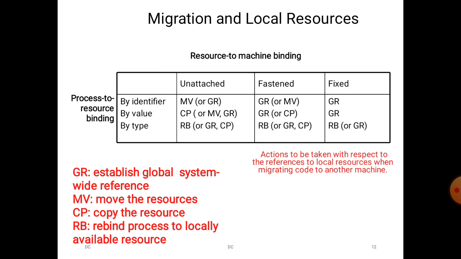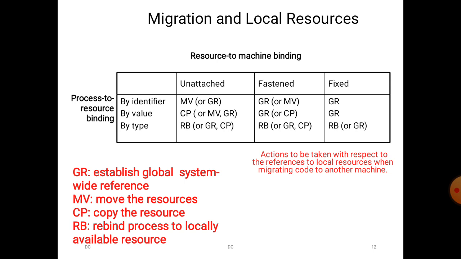In the case of fixed, we cannot move. In the case of fastened, there is a possibility we can move. Like ingredients, unattached ones, the code can mostly be moved from one place to another. Fastened ingredients may or may not be available; if possible, we can take them and move them. In the case of fixed, it is like the oven. It is practically not possible to move it, so it remains fixed.